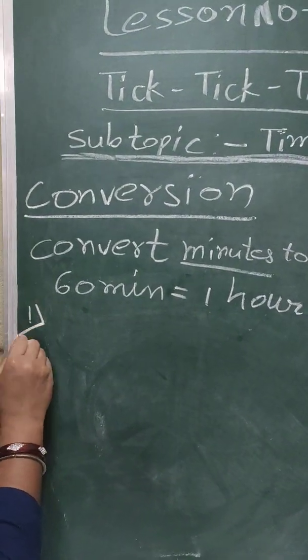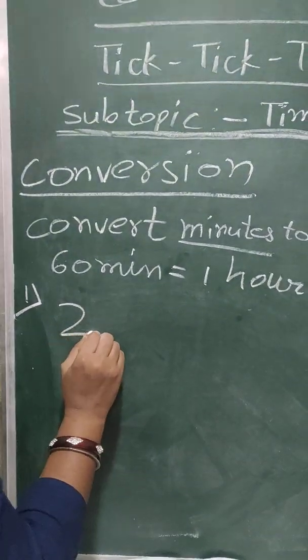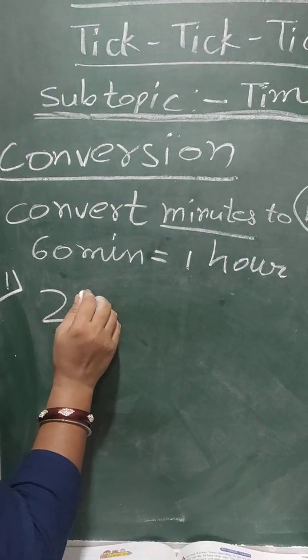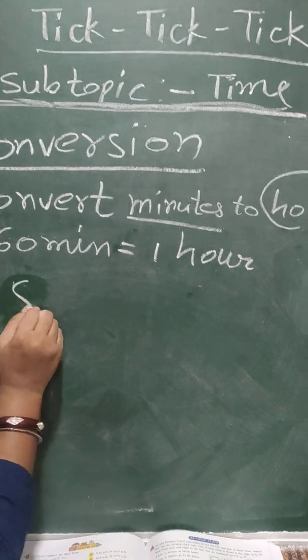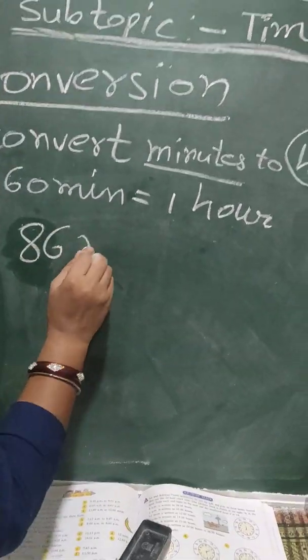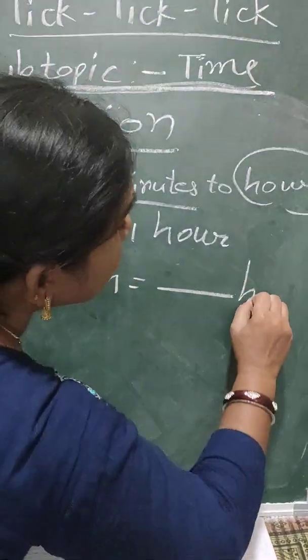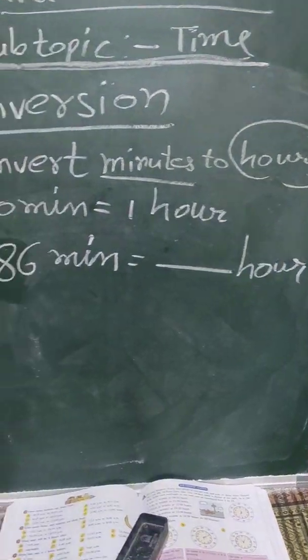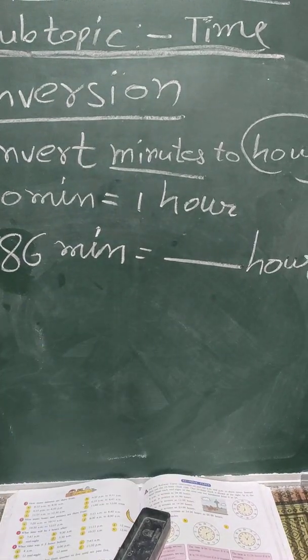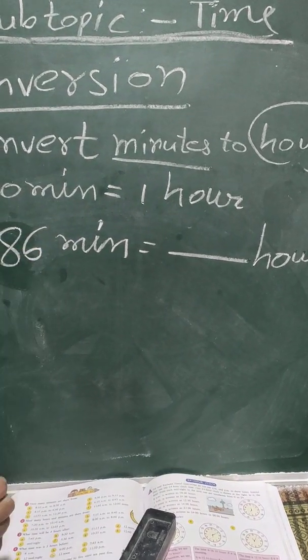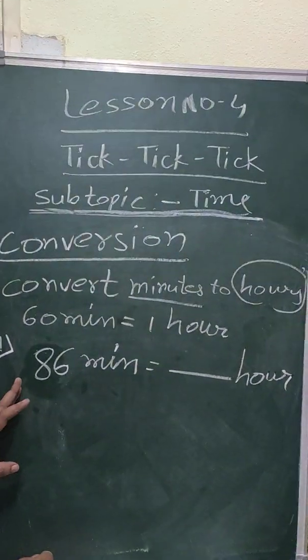Suppose I give the question: 86 minutes equals dash hour. I have given you 86 minutes. You have to convert it into hours. How will you convert it? You will divide. What number will we divide with?